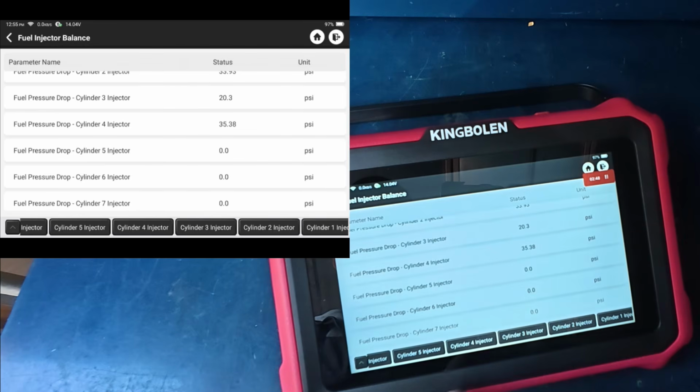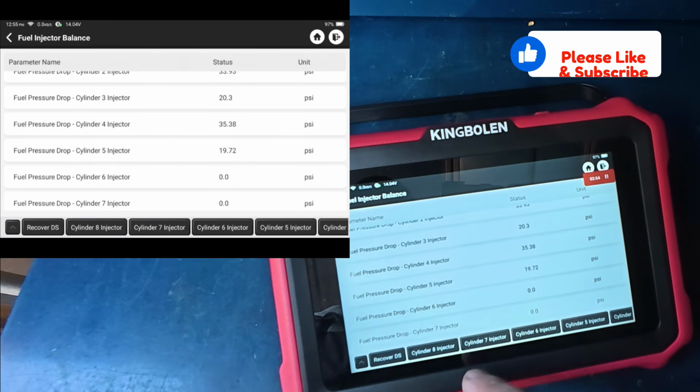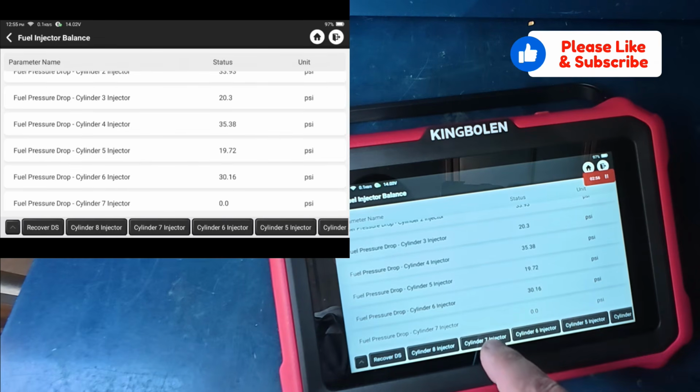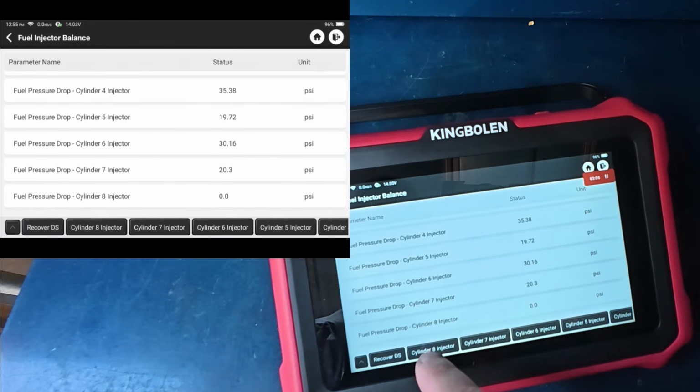Five. And last but not least, cylinder 8.